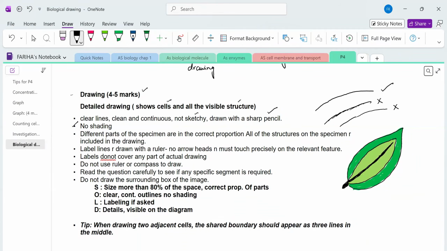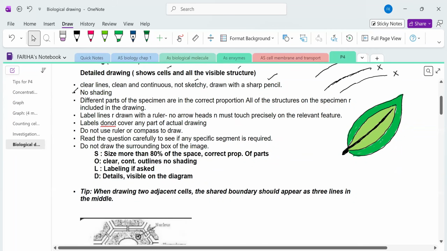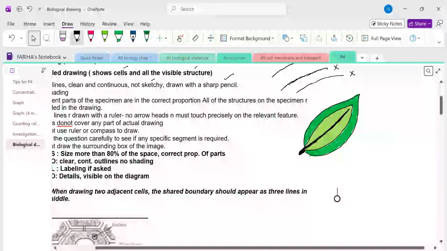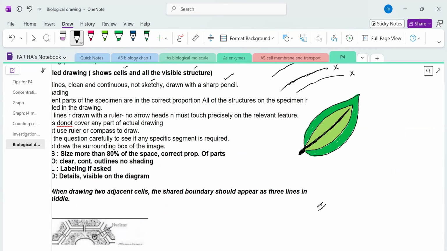So now when you are going to draw the diagram, how you are going to draw it? At first, you need to draw a large size diagram.